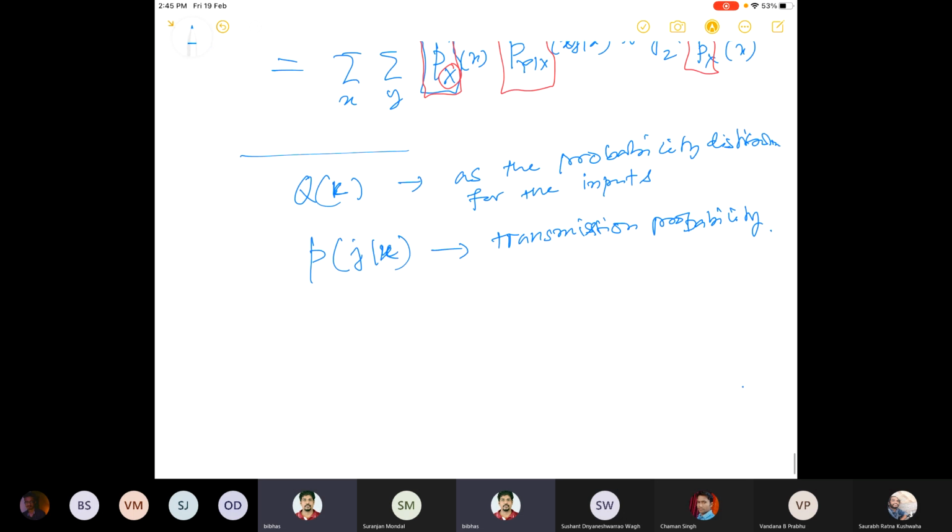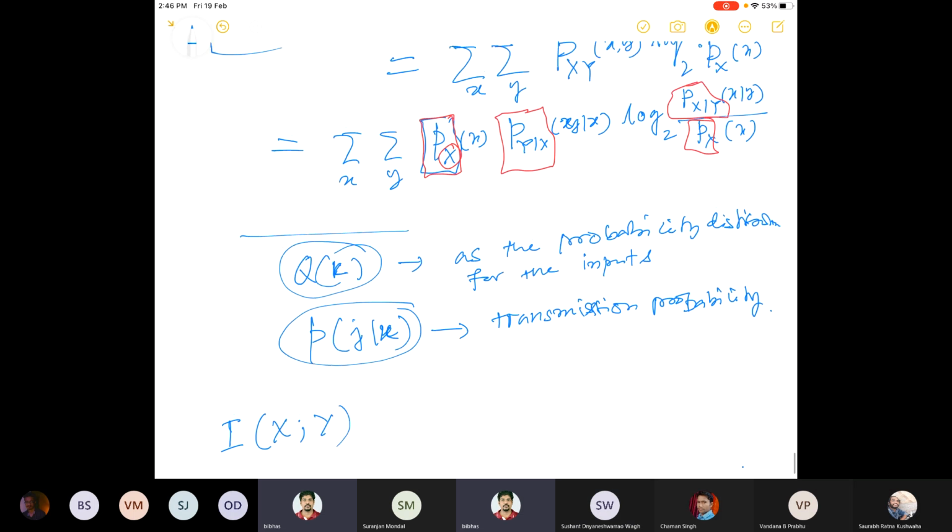Now let me define the average mutual information for any two random variables in terms of these two notations. I'll use the same definition, just changing the notation.